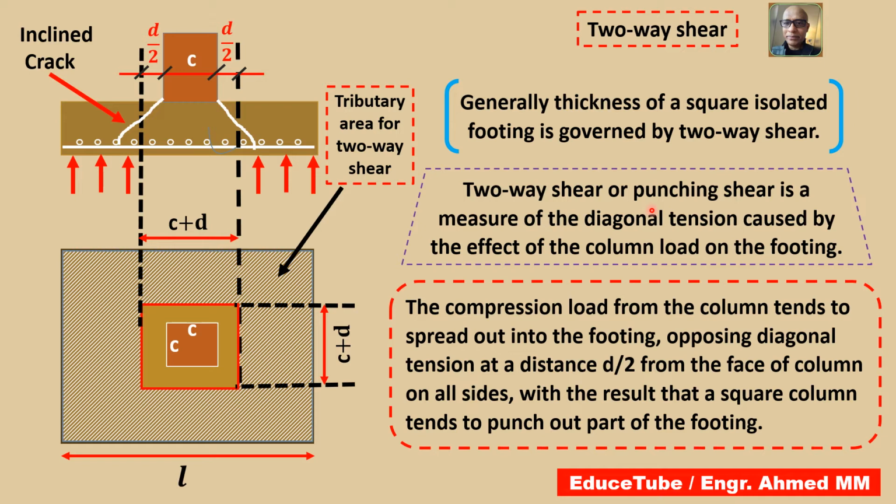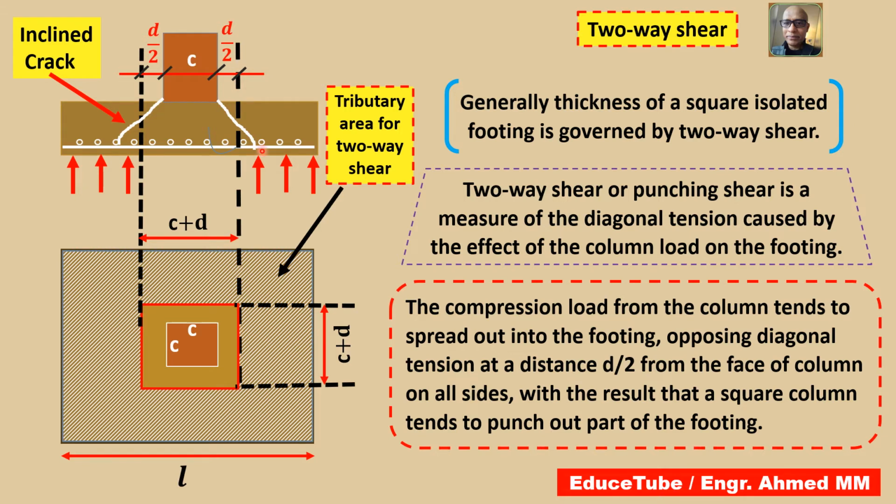If we look at the footing in the section, it is showing two inclined cracks on both sides of the column. This inclined crack basically extends up to D, the depth of the footing. But to find our tributary area for two-way shear, we are considering a distance of D by 2.